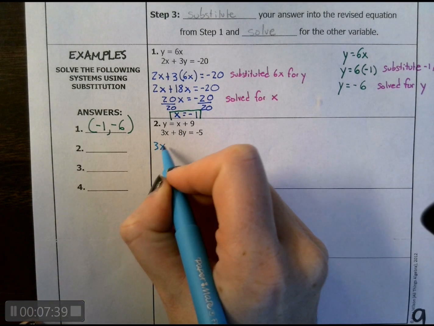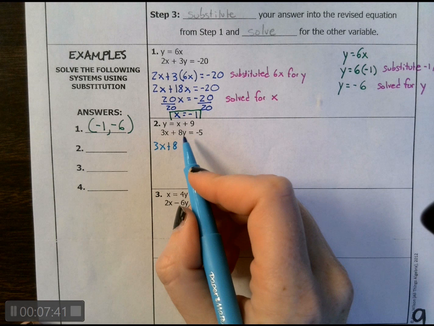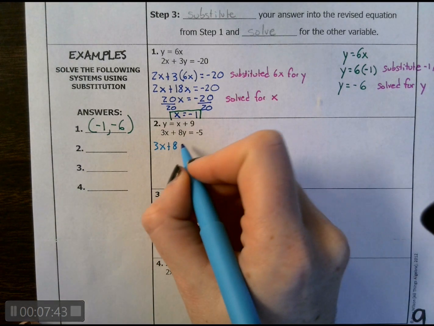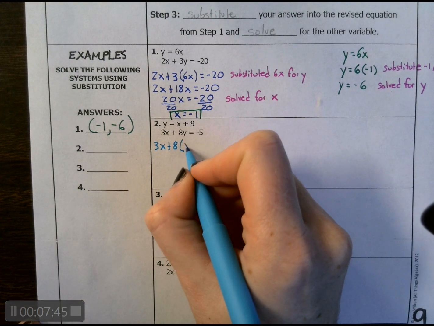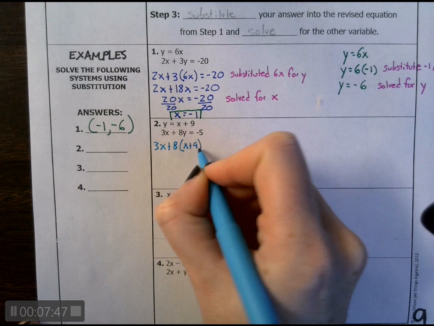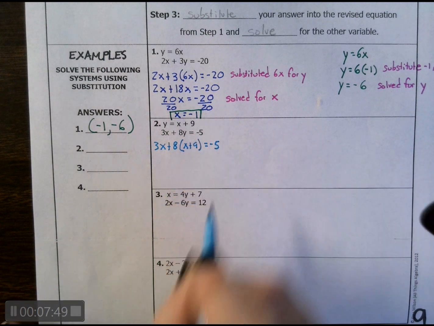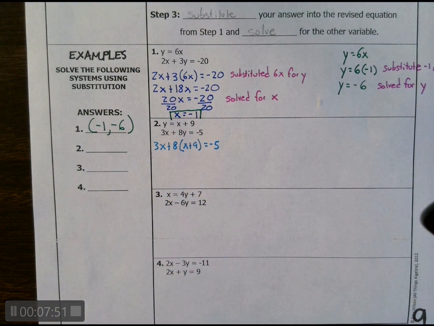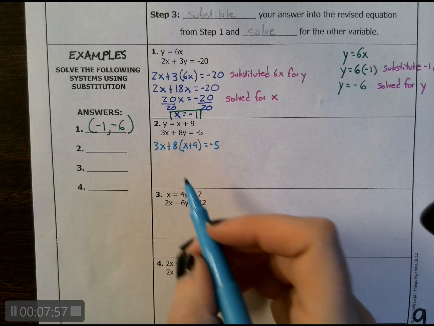So let's go ahead and copy down 3x plus 8. Up, there's a y. So what am I going to substitute? The x plus 9 equals -5. Okay? All right. And so now we are going to solve for x.